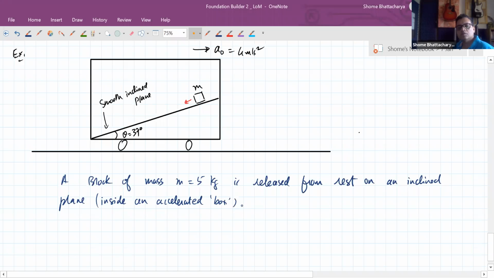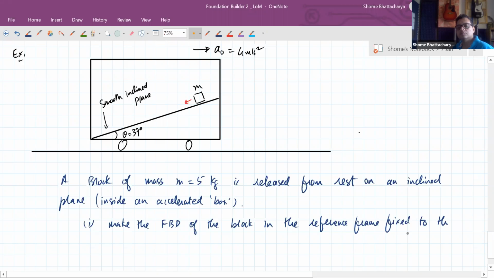First of all, make the free body diagram of the block in the reference frame fixed to the inclined plane.